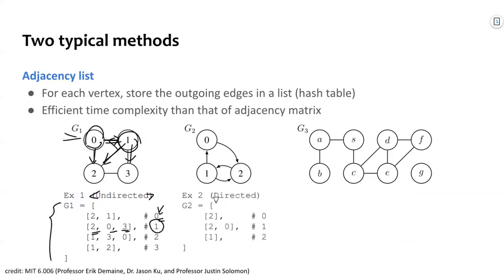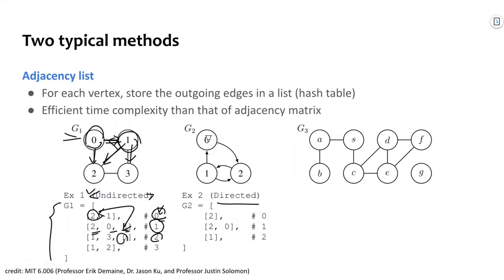In the case of directed graphs, we only store the outgoing edges. In the case of undirected graphs, for 0 and 2, 0 contains 2 and 2 contains 0. So they are storing each other in the sublist of edges. However, in the case of directed graphs, we only store outgoing edges.